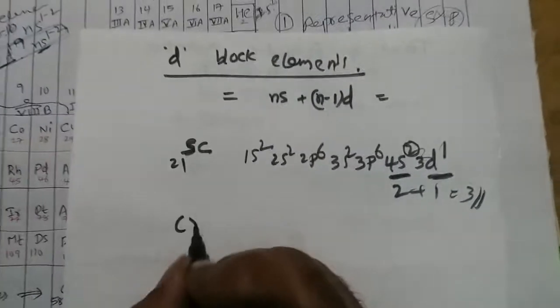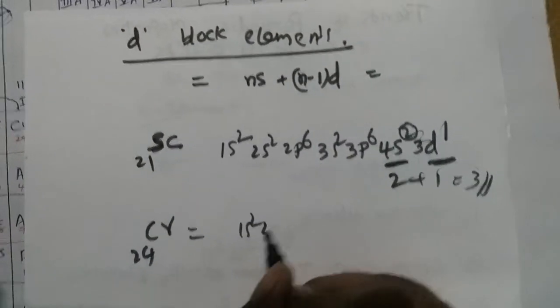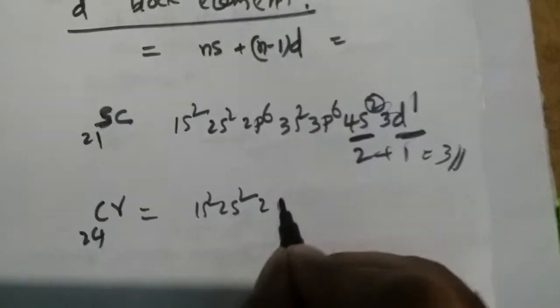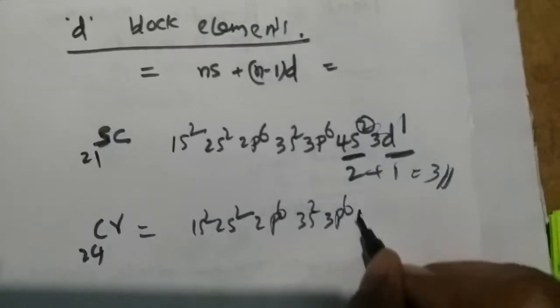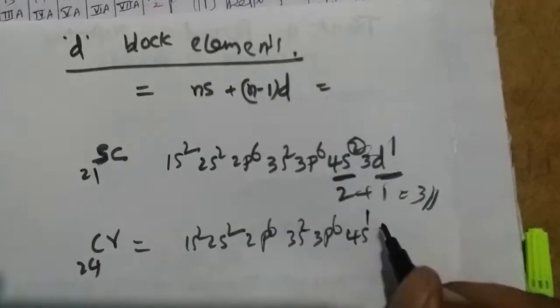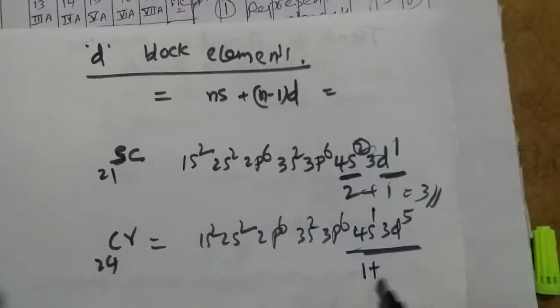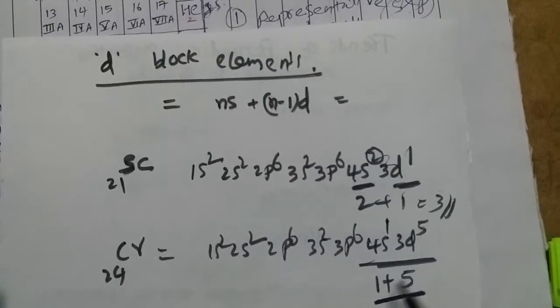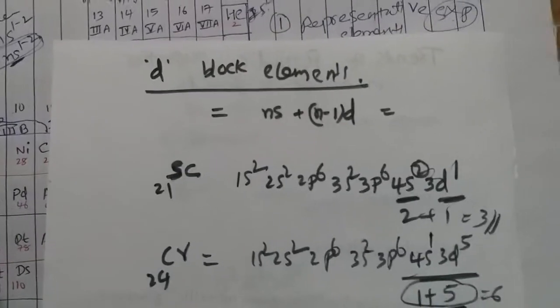Take chromium, 24. Its electron configuration is 1s2, 2s2, 2p6, 3s2, 3p6, 4s1, 3d5. The S electrons are 1 and the D electrons are 5 in the valence shell, so the group number becomes 6.